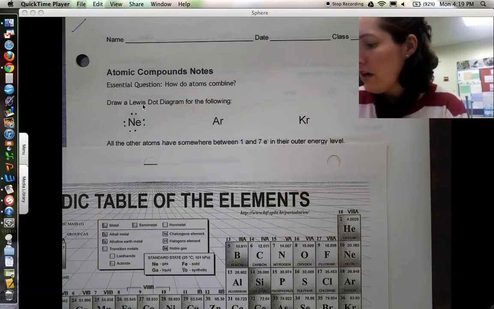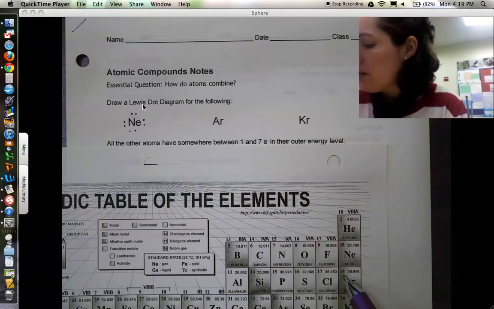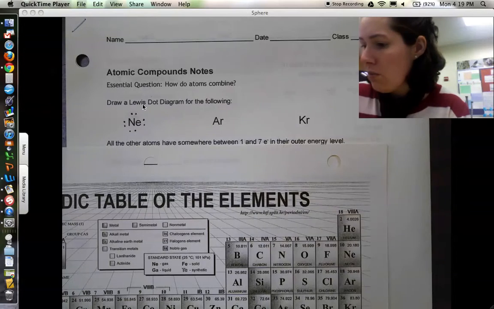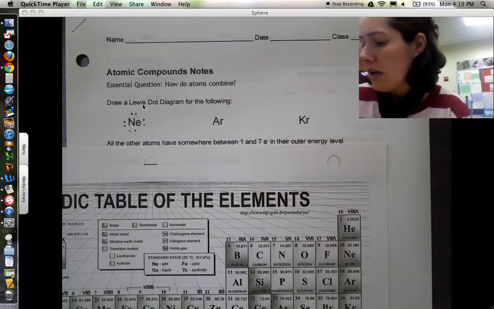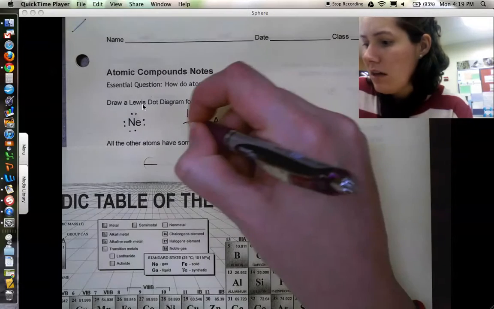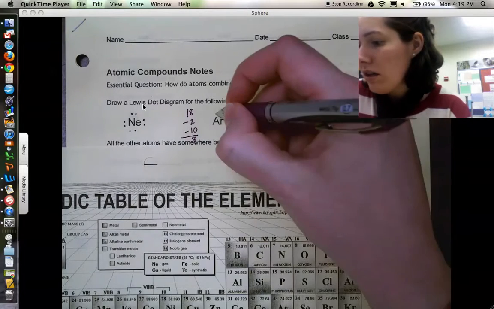So that's neon. Let's do argon. Okay, so argon is right here. It has an atomic number of 18. That means it has 18 protons, 18 electrons if it's a neutral atom. 2 on the first, 8 on the second. That leaves us with 8, because 18 minus 2 minus 8 gives us 8. And so, oh, look at that.